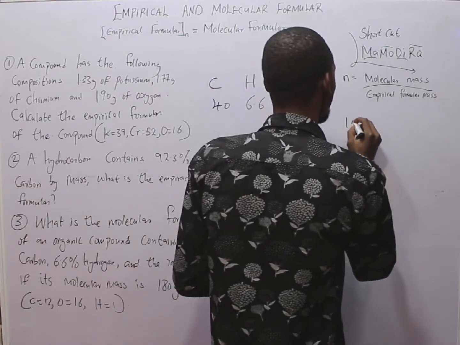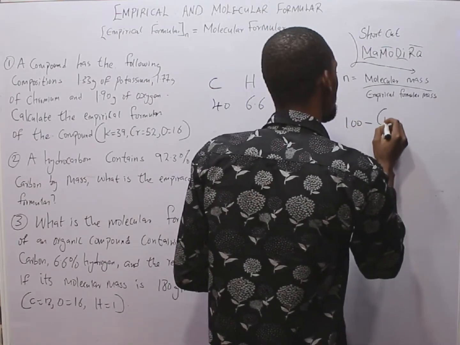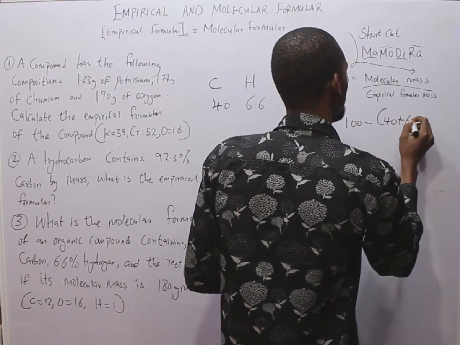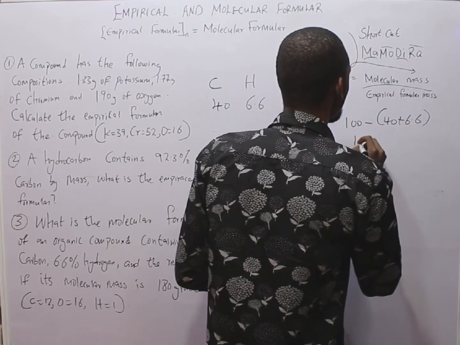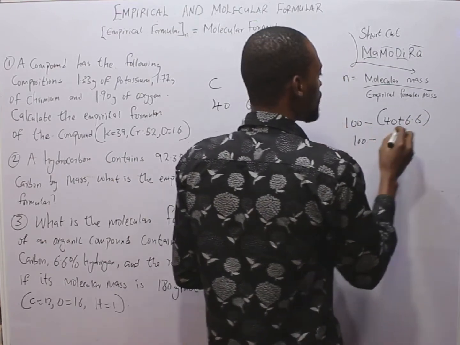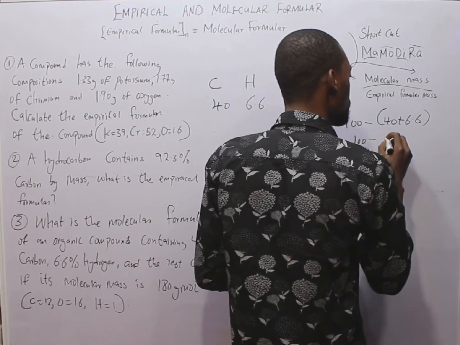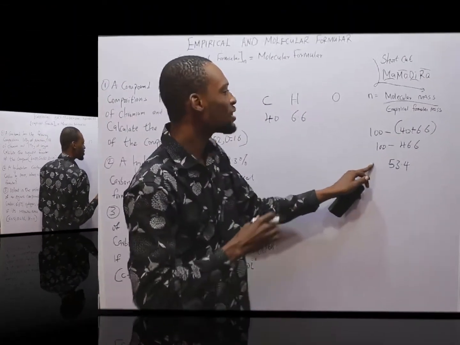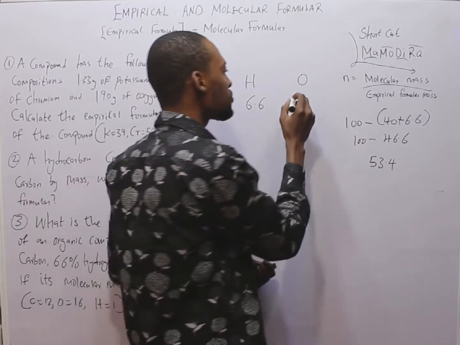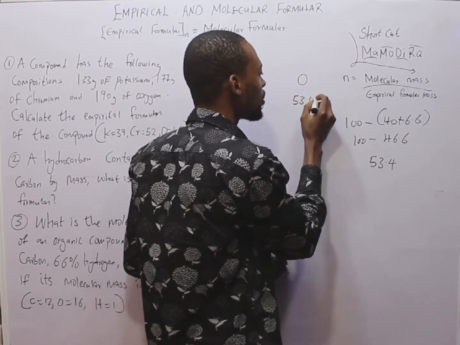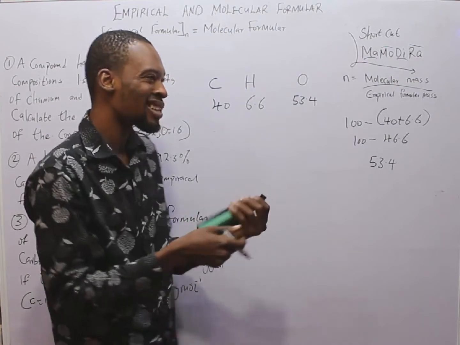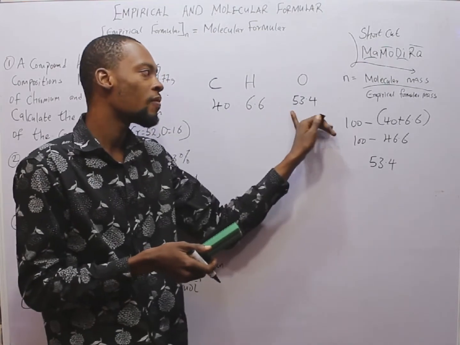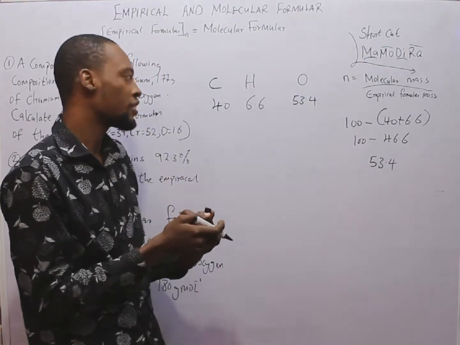Oxygen will now be 100% minus 40 plus 6.6. This should be 100 minus 40 plus 6.6. That should give you 53.4. The percentage by mass of oxygen is 53.4. If they are giving us the mass in grams, we will also put them here. It doesn't make any difference.